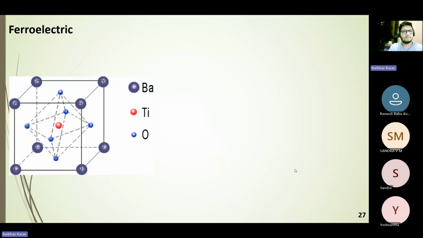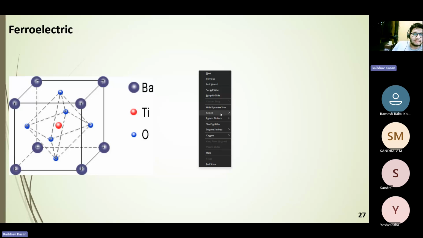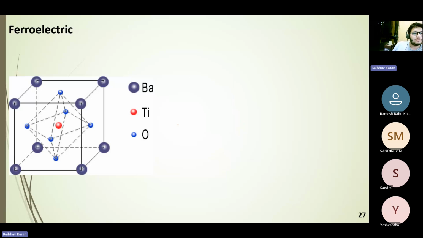So what is this difference? Let's first see. For example, we will take the most known ferroelectric material, the best example of a material known to show ferroelectricity.